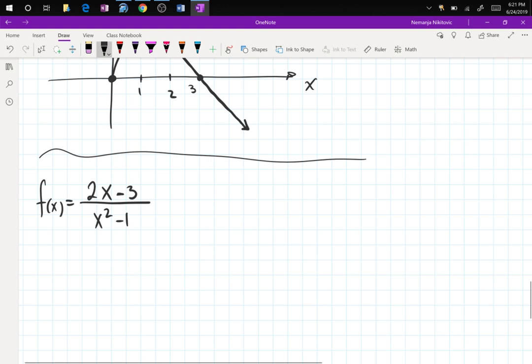So this is the one which is called a rational function, where you have division of two polynomials, and this is the one that might have some asymptotes, right? Well, we start with the domain, and in this case the domain is, well, we see that we have an issue at 1 and negative 1.